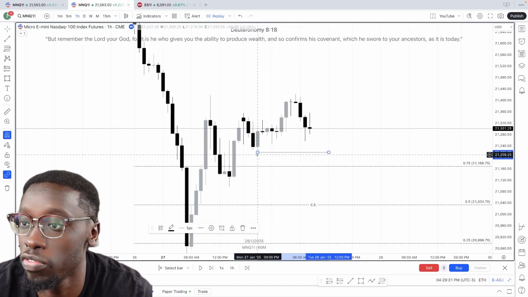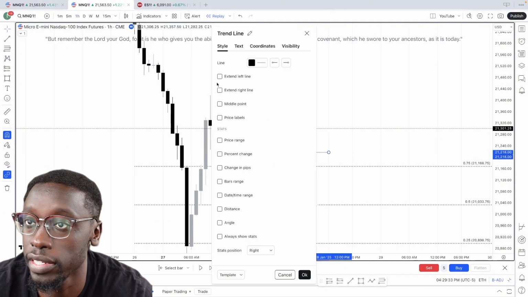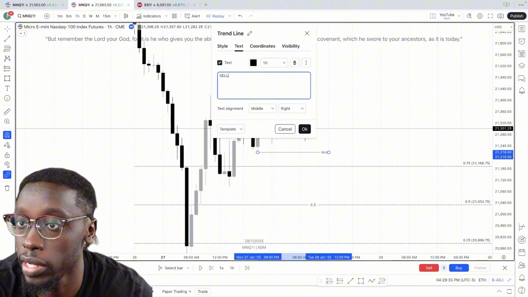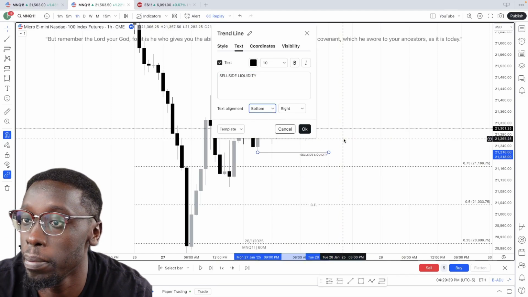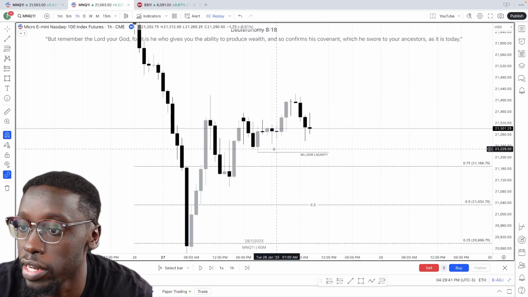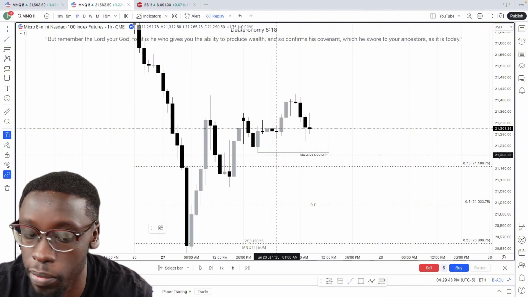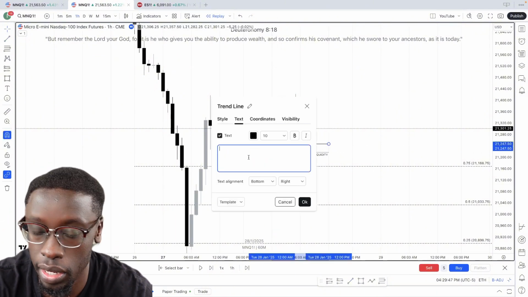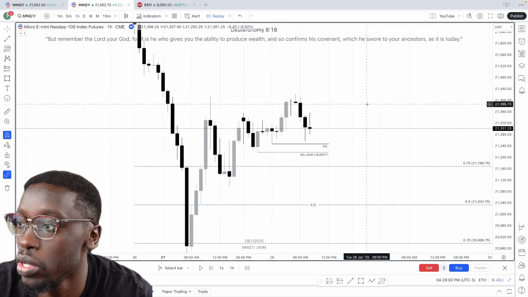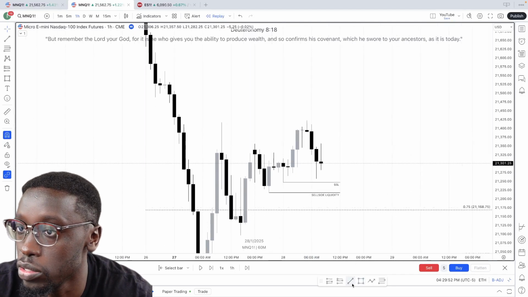This was the 9 p.m. low from last night. We had that as sell side liquidity, so we'll go ahead and mark that. And then we also had some sell side liquidity here at 12 a.m., right? We can mark that too. And then we had some buy side liquidity above us. So we can go ahead and mark that as well.